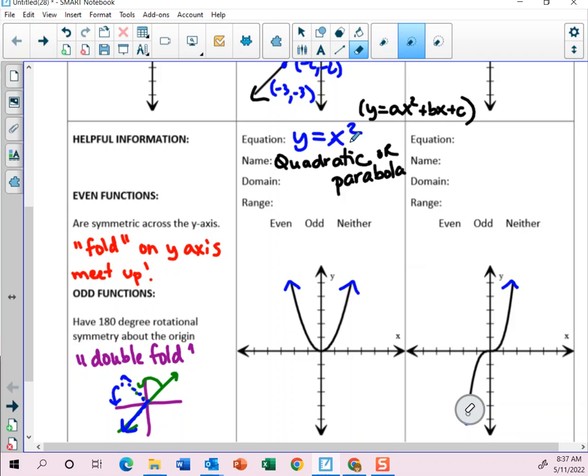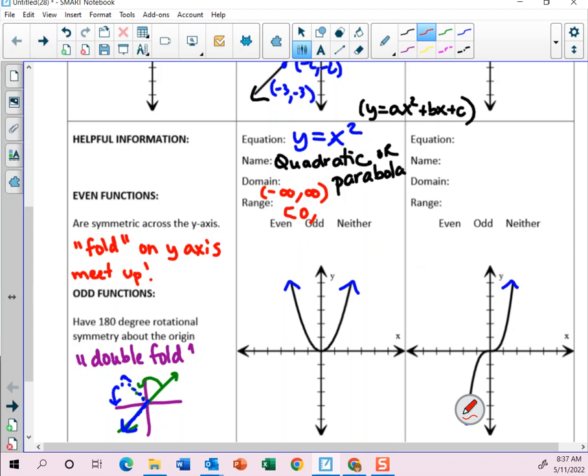Is there anything I can't plug in for x because there's some weird rule, like with square roots and denominators? Something like an x squared, I can plug in any number I want for x. So yeah, domain is negative infinity to infinity. Any number could be x for an x squared function.